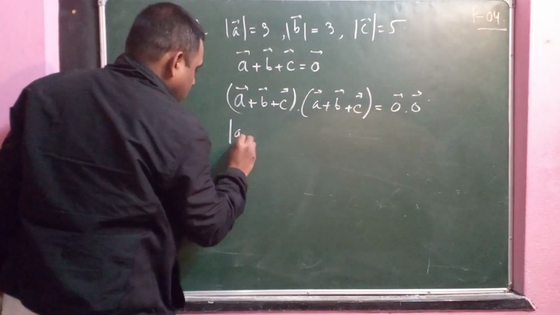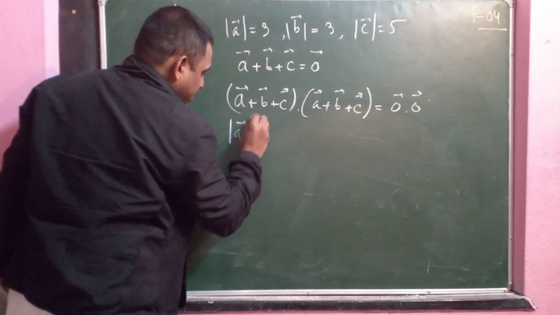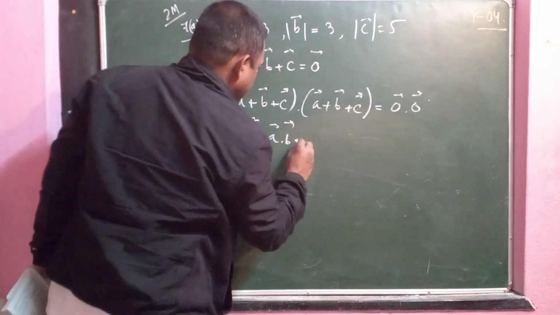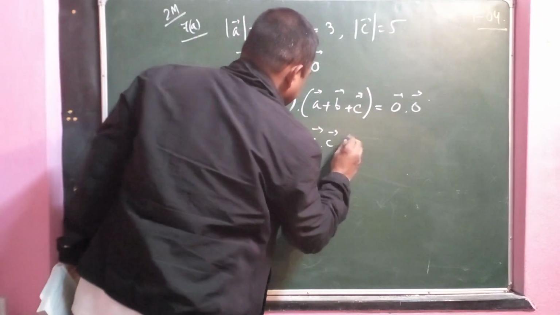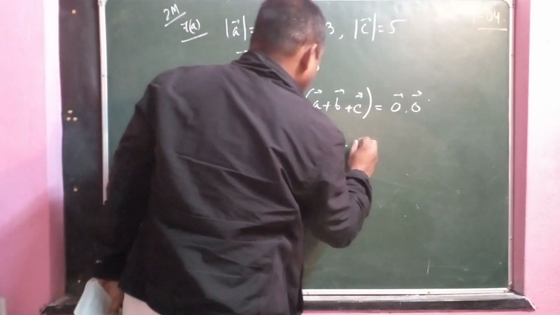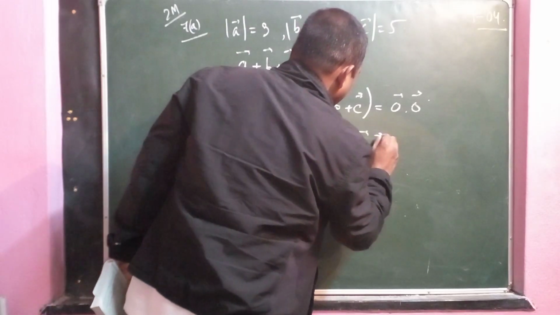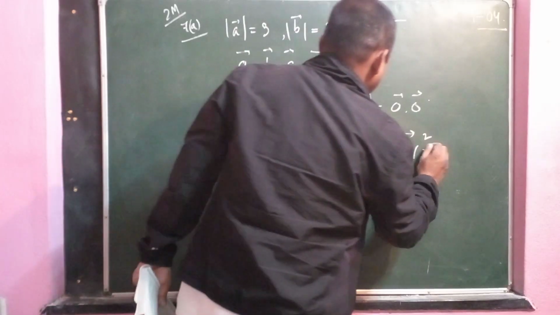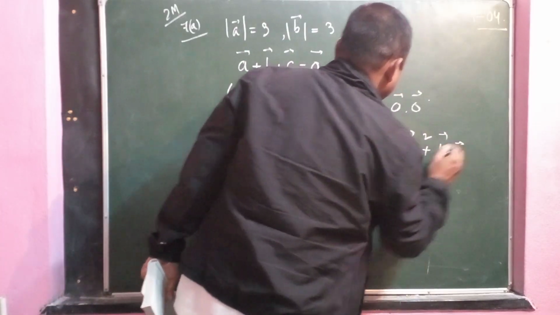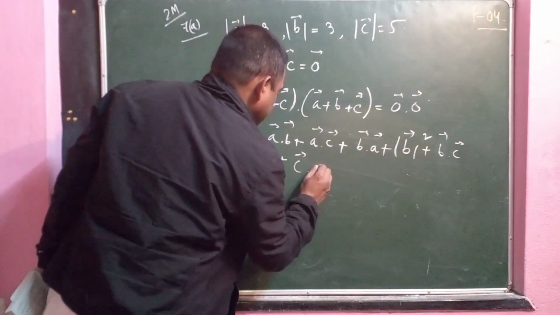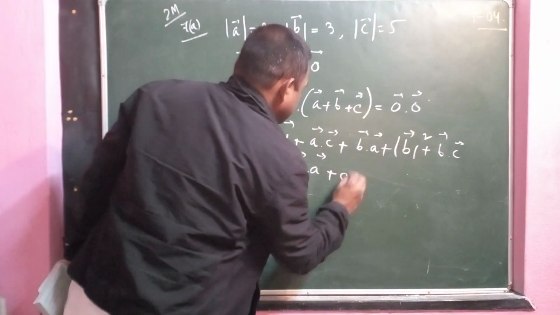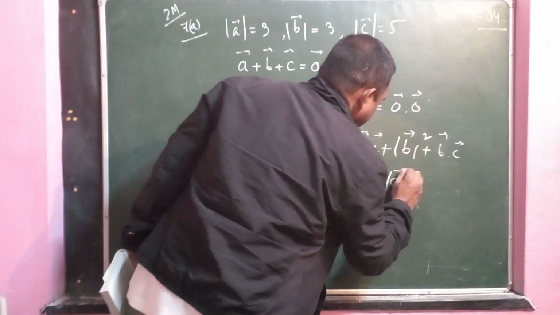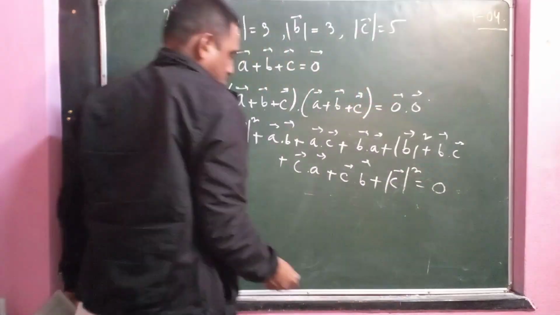Now this is A dot A, that is mod A square, plus A dot B, A dot C, B dot A, plus B dot B means mod B square, plus B dot C, plus C dot A plus C dot B plus C dot C means mod C square, that is equals to 0.